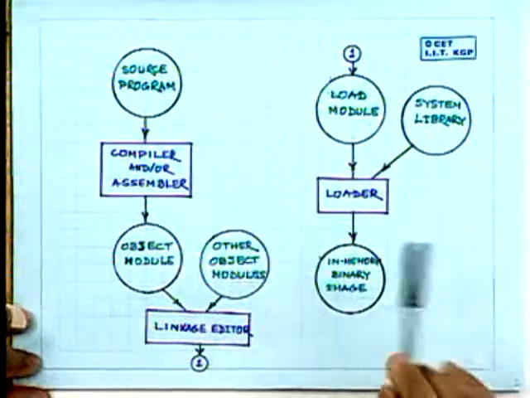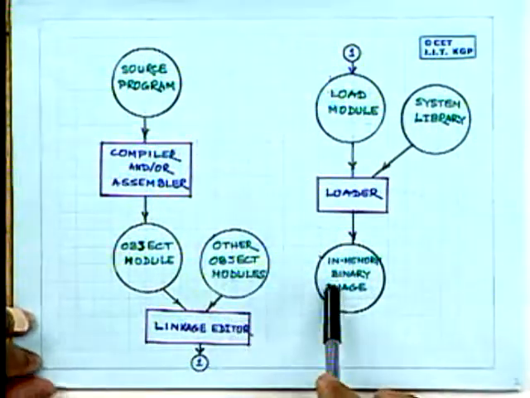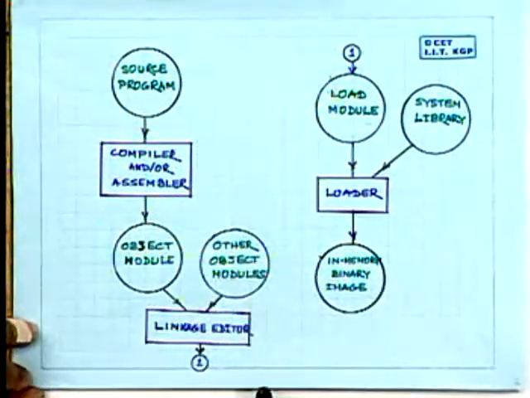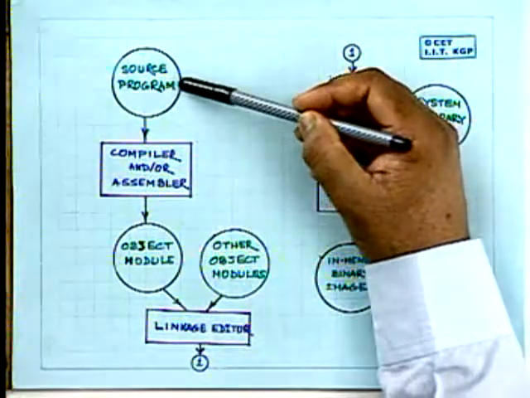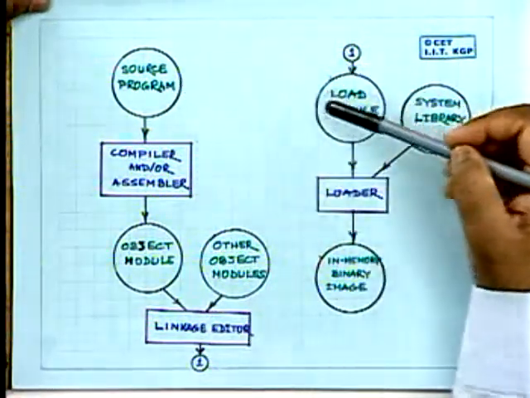Now, there are several problems associated with this. Firstly, when we are writing a source program, we are basically using symbolic references like XY, AB, etc. The compiler, while translating these instructions, has to change the symbolic references into address locations.